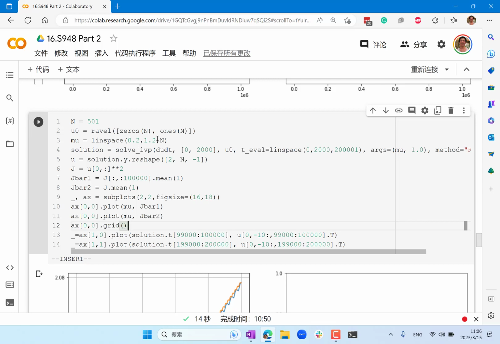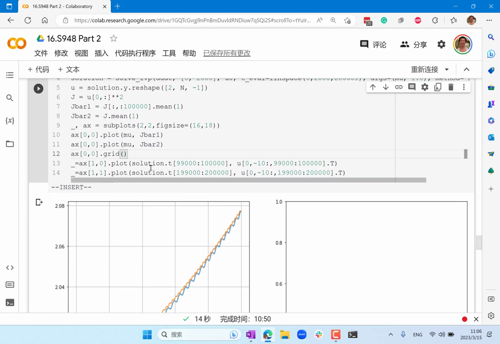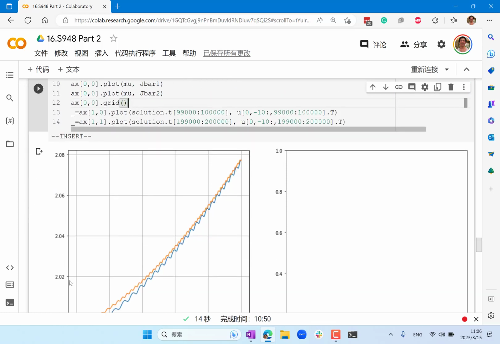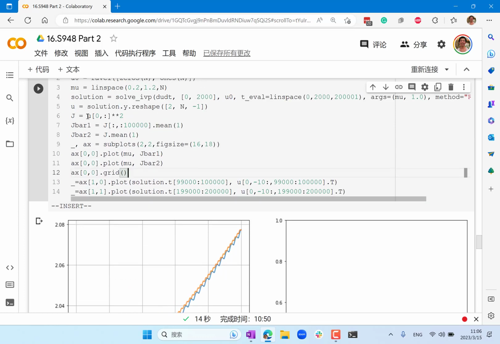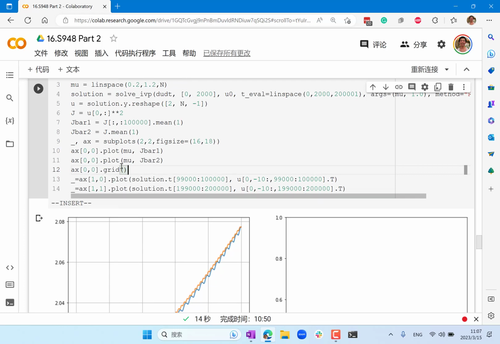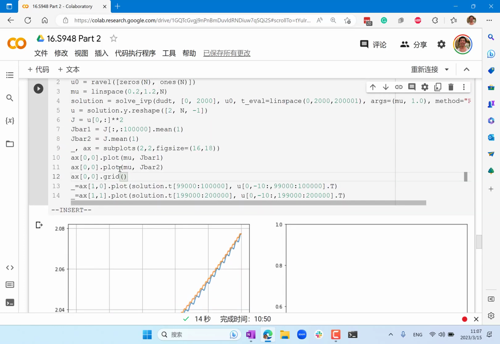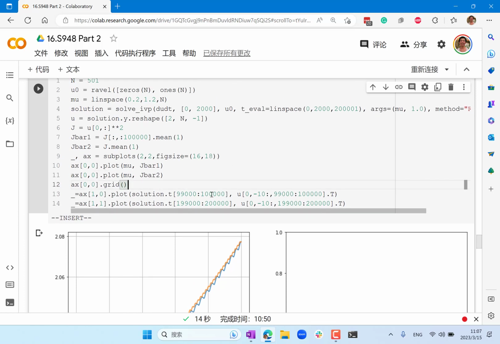All right. So after that change, we are able to visualize how the long time average, which we denote as J bar, which is really a long time average of the square of x, or the mean magnitude, or the L2 norm in some sense of x, depends on the parameter. Here we looked at two different averaging lengths.